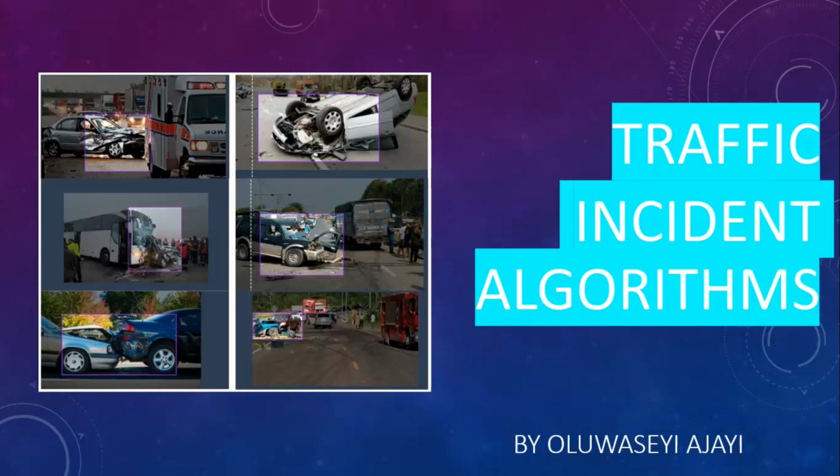False alarm in the sense of giving a sign that there is an incident on the road when there wasn't actually an incident, or when there is an incident on the road, but the technology didn't pick that particular incident. So we're still going to be looking into the area of potential false alarms and every other measure later on in this lecture.